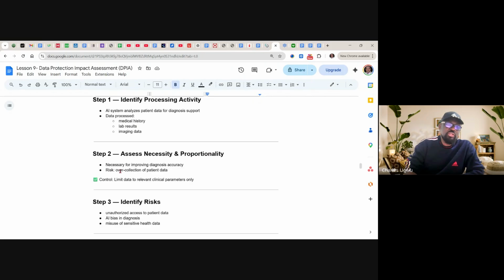And the proportion is we're going to collect only as small as possible. Make sure that we do not collect anything we don't need, to avoid the risk, because the more data we collect, the more the risk. So the control here is what we call data minimization under GDPR. So limit data to relevant parameters only. So call it data minimization.